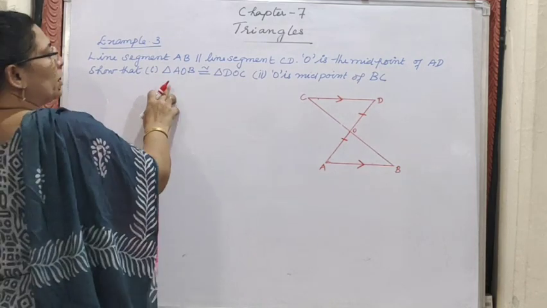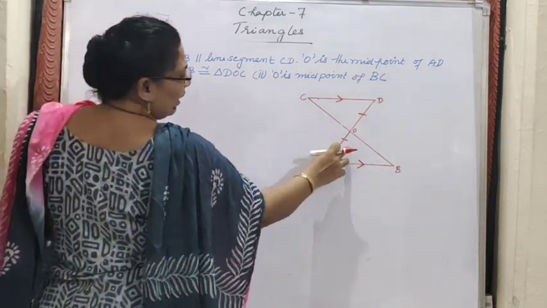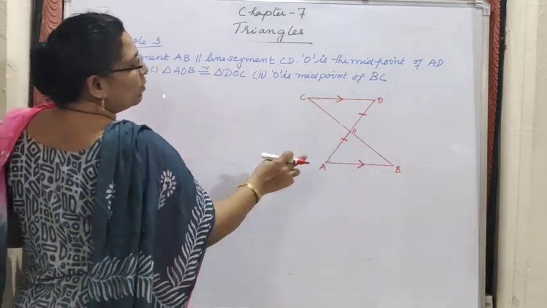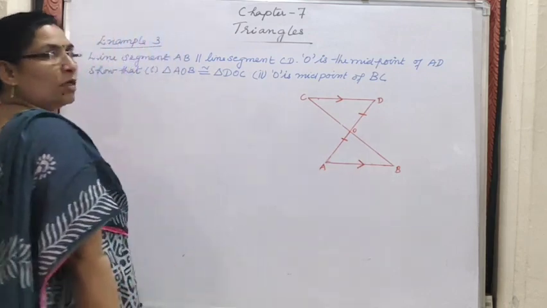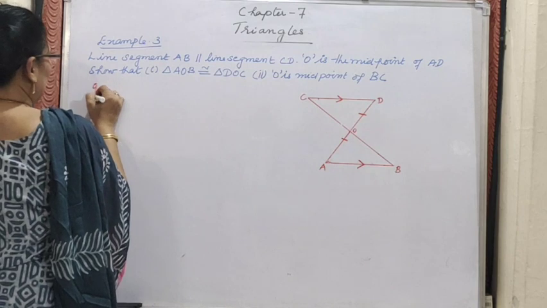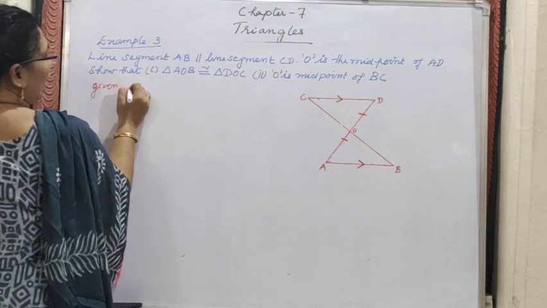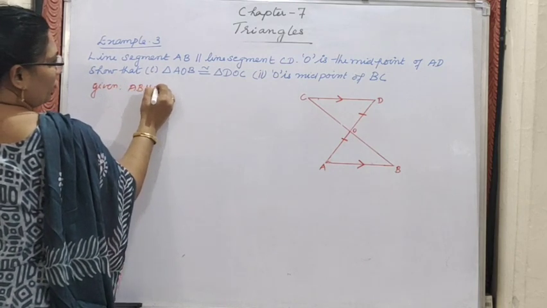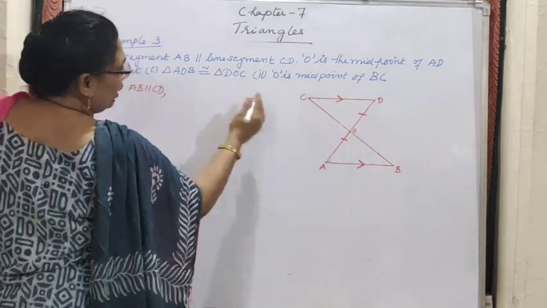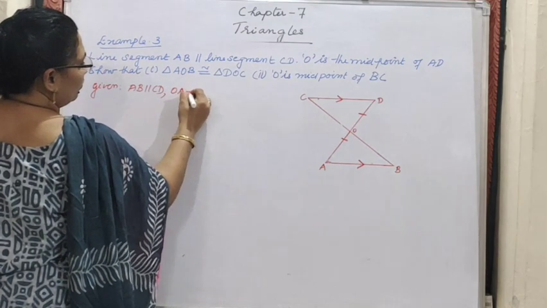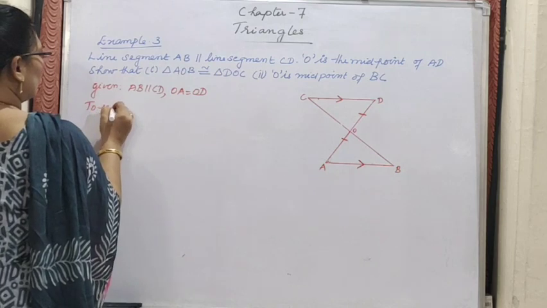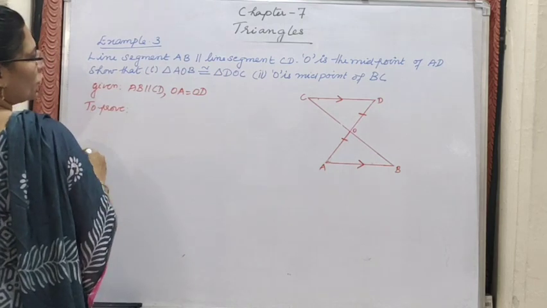Now what is to be proved? Triangle AOB is congruent to triangle DOC, and also O is the midpoint of this line too. That we have to prove. So first we write the given part: AB parallel to CD, and O is the midpoint, which means OA equal to OD. Now to prove, what is to be proved?